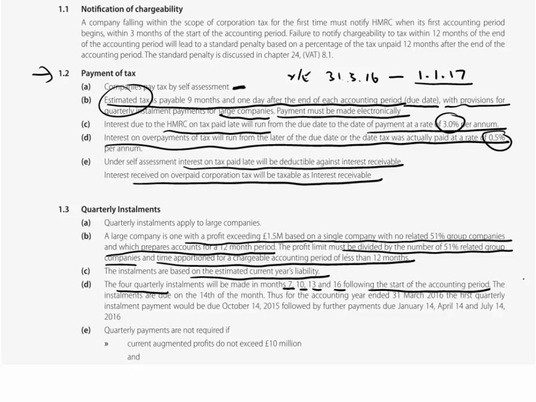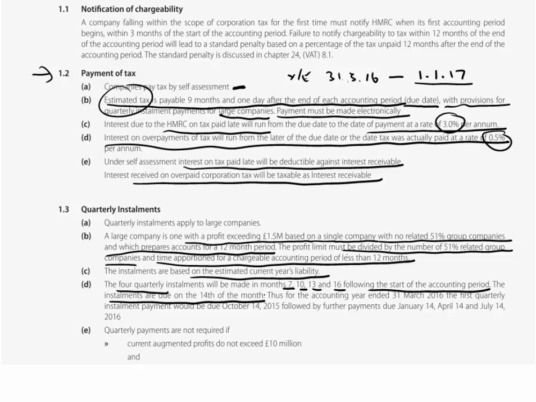And within those particular months, the due dates are on the 14th of the month. So within an accounting period for which quarterly instalment payments are required, you've got to start making those payments on the 14th day of the 7th month from the start of the accounting period.